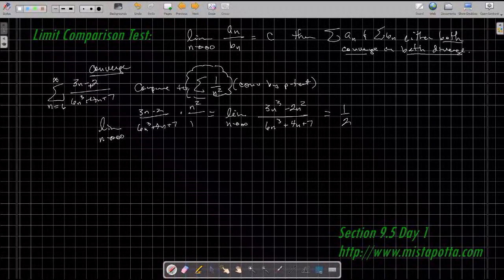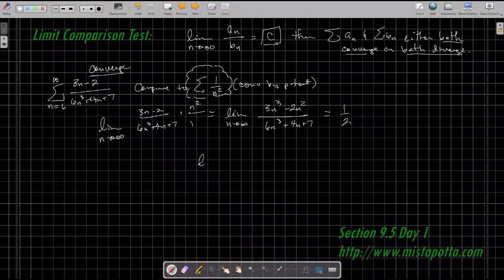I'm merely giving a thumbs up or thumbs down. Does it converge or does it diverge? So if I can ever take the limit of the same term and I get a constant, this constant could be 0, this constant could be any constant, but then that means that these either both converge or they both diverge.